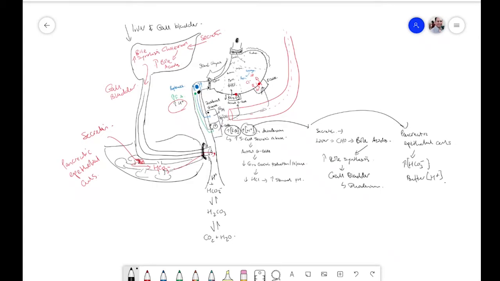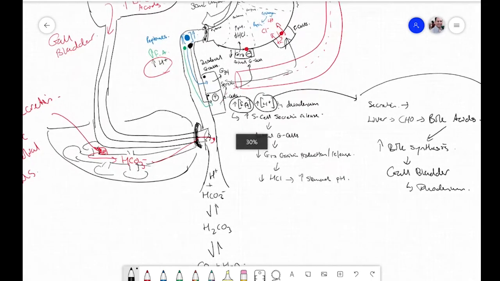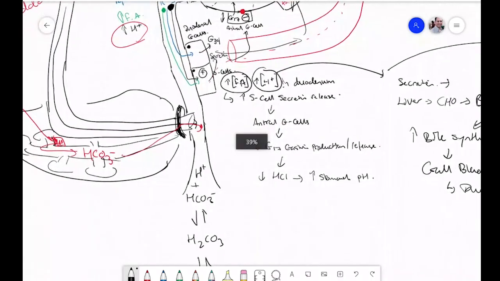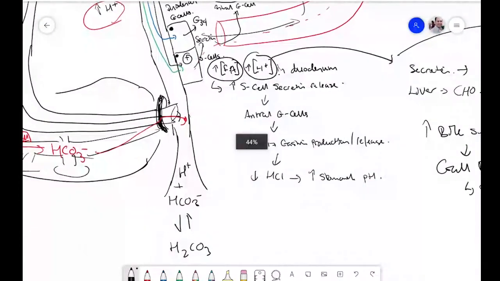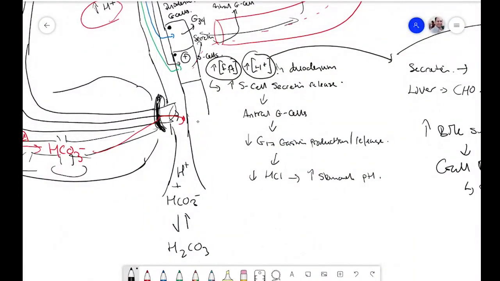Okay, I'm starting to get a little bit excited by this now, because we're going to zoom in on this bit, and I'm going to draw in another cell. This time I'm drawing in an endocrine I cell, and this I cell is exquisitely susceptible to fatty acids.